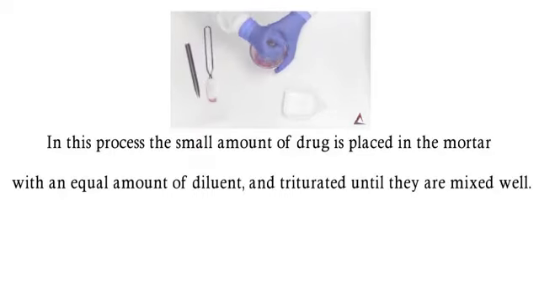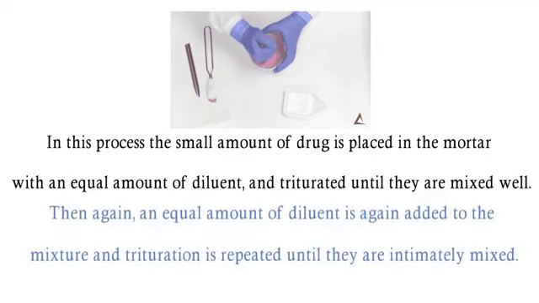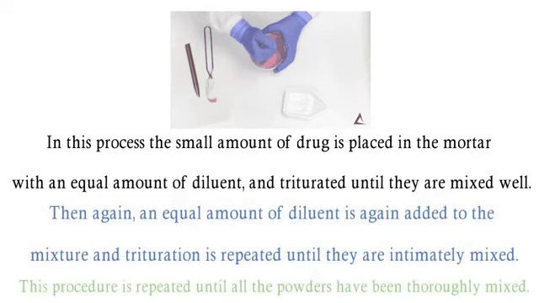Then, an equal amount of diluent is again added to the mixture, and trituration is repeated until they are intimately mixed. This procedure is repeated until all the powders have been thoroughly mixed.